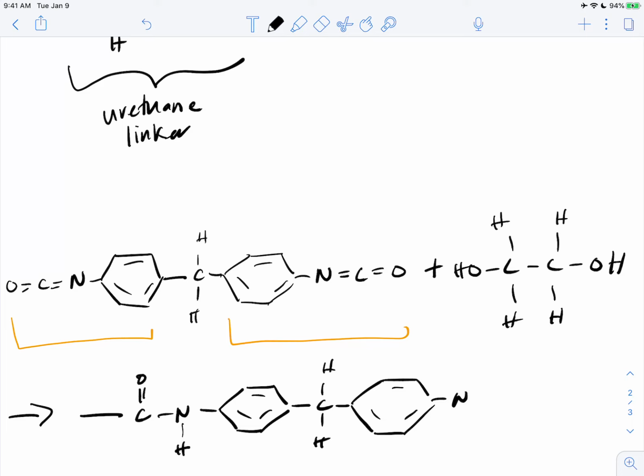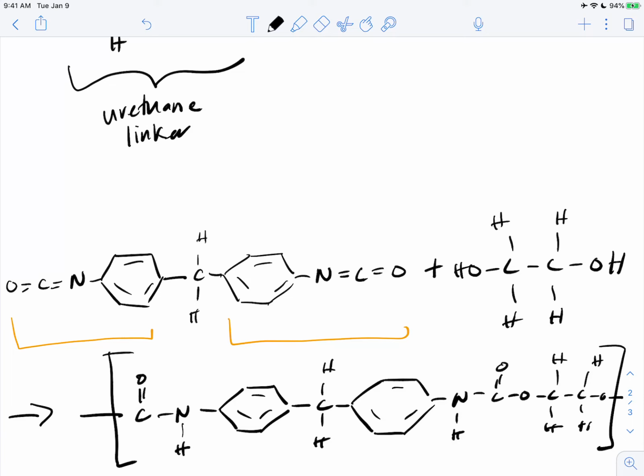We have a nitrogen, hydrogen, carbon, oxygen, carbon, and then here's our alcohol. And actually, I need to get rid of that H because we will link from that. So it goes like this. And what you do is you say that this unit repeats over and over and over.